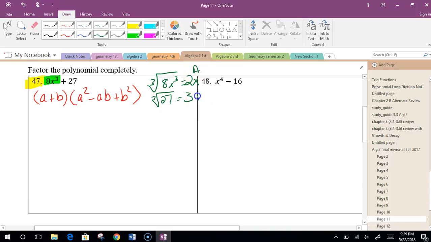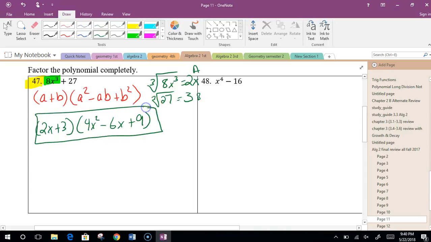There's your a, there's your b. All you're doing is plugging into the formula. So we would have 2x plus 3. Then we would have 2x squared, which would turn into 4x squared, minus a times b, which would be 6x, plus b squared, which would be 9. And that would be our final answer.